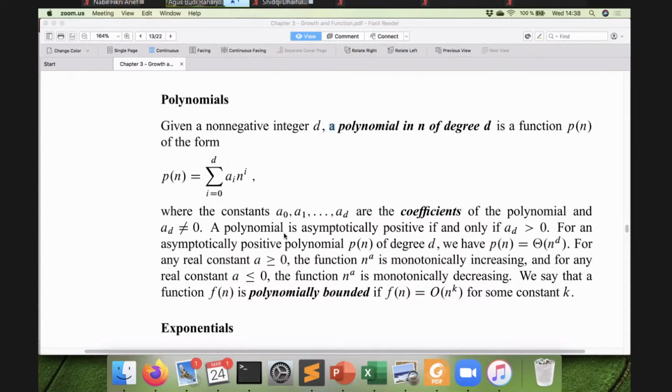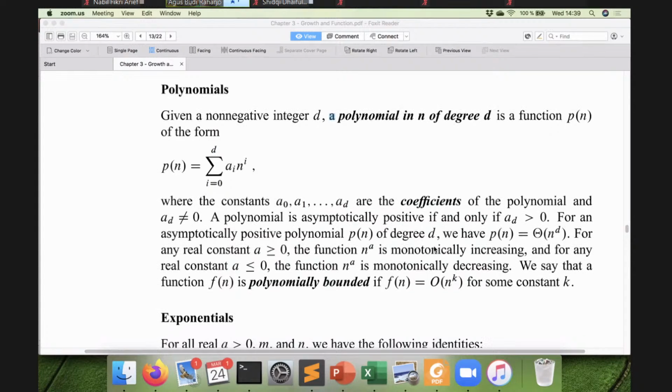Coefficient of polynomial, and ad is not equal to 0. A polynomial is asymptotically positive if and only if ad is positive. It's not non-negative, but positive. So for a positive polynomial at infinity we have Theta of n to the d.